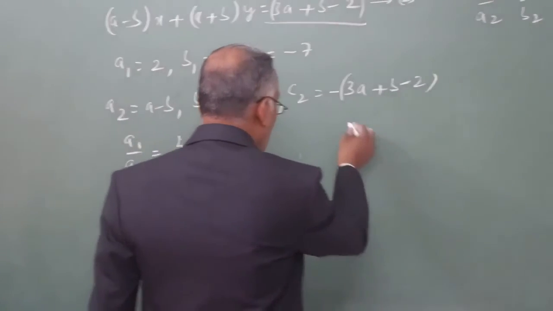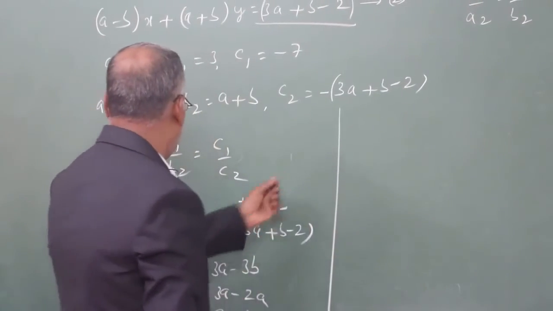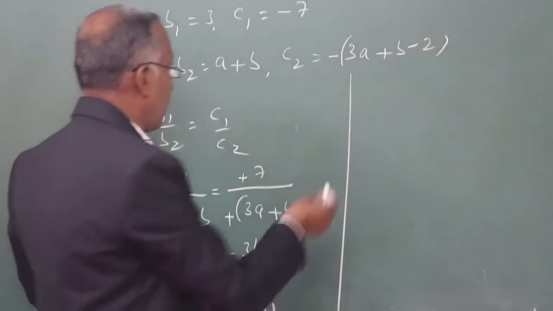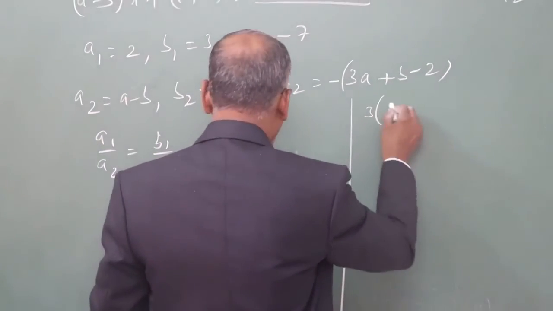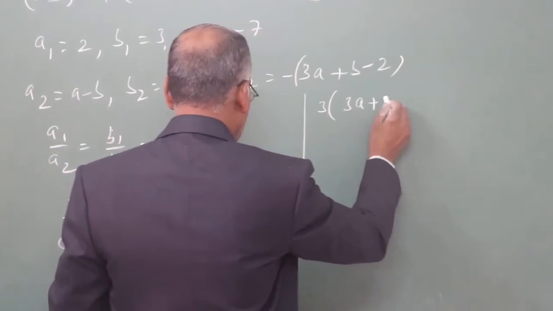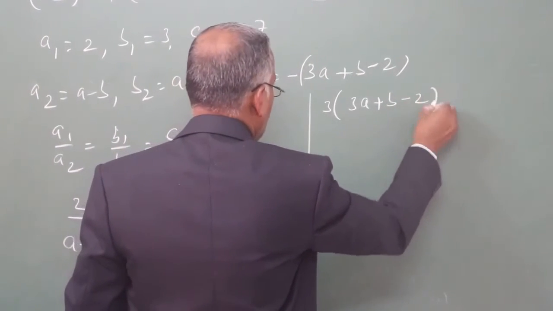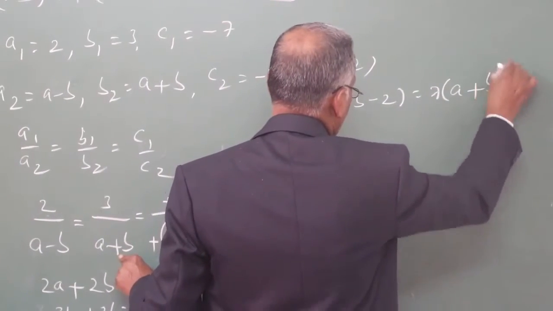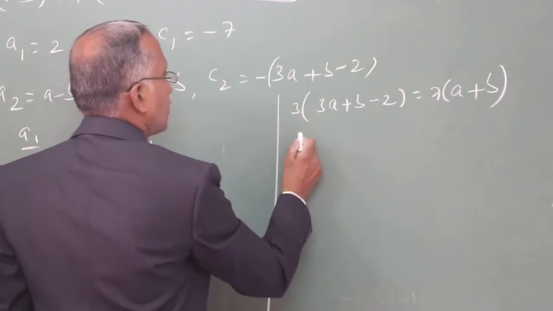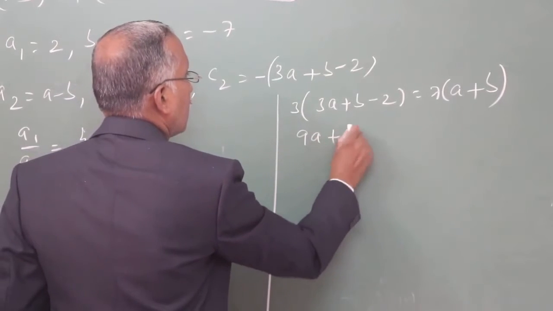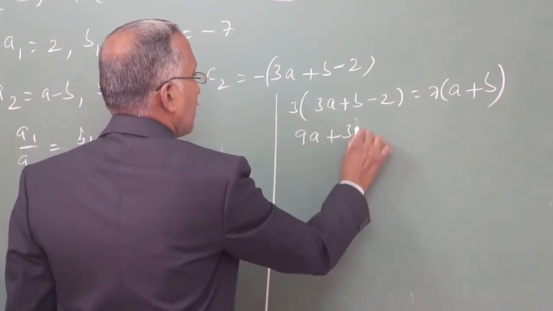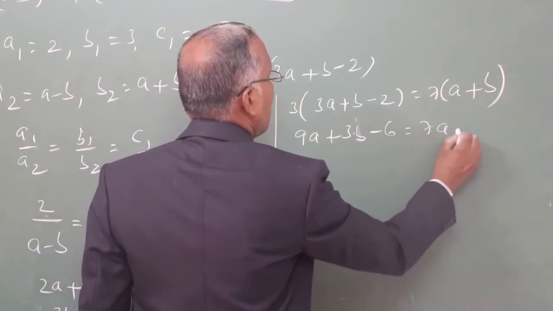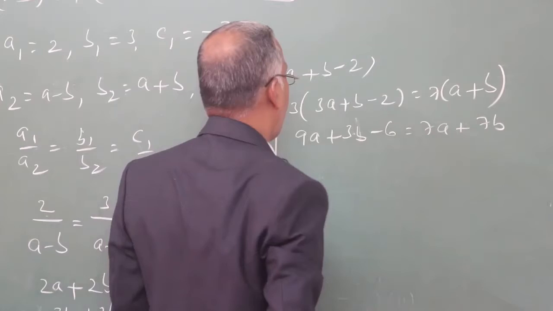Now, what to do? In the same way, compare the last two. This becomes 3 into (3a plus b minus 2) equals 7 into (a plus b). Let us see. 3 into 3a, 9a, 3 into b, 3b, 3 twos are 6, 7 into a, 7a, 7 into b, 7b.